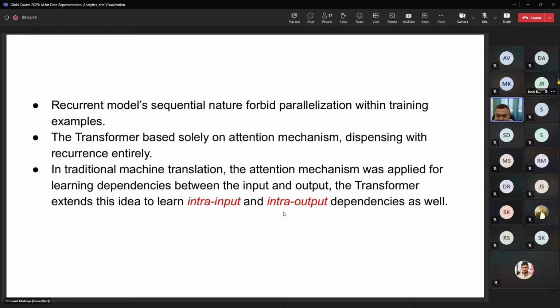It also uses the same criteria to generate the output sequence, utilizing the intra-output dependencies among all the words which have to be generated in the sequence. Because of this important point, the transformer model has better capability than the earlier models, and it is faster and more effective for this sequence-to-sequence generation.